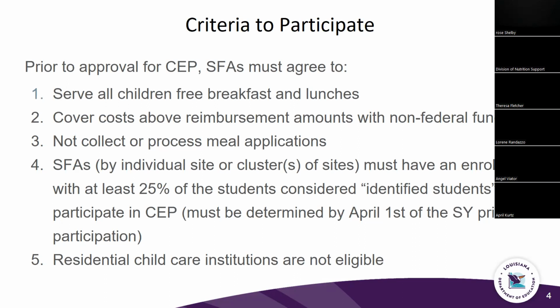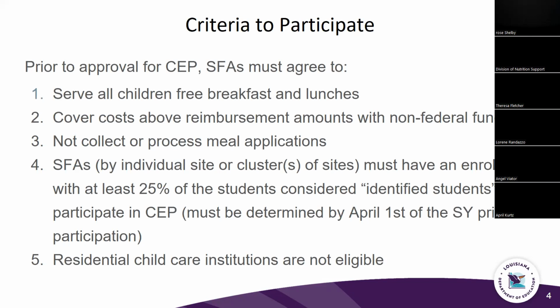Four, school food authorities, by individual sites or clusters of sites, must have enrollment with at least 25% of the students considered identified students to participate in CEP. Previously, it was 40%, so it has been lowered by 15% for this upcoming school year. You must refresh the population data as of April 1st of the school year of participation.